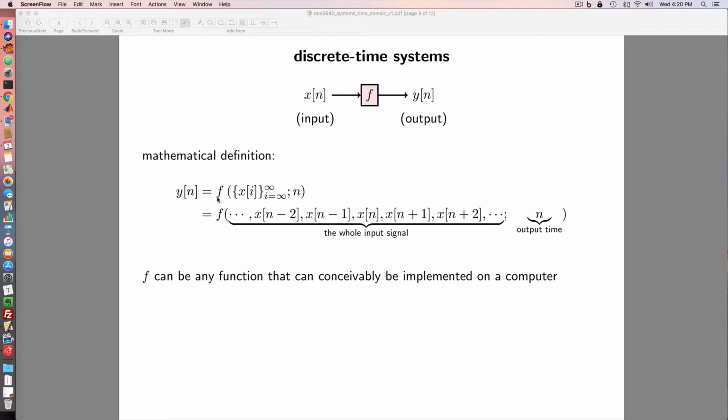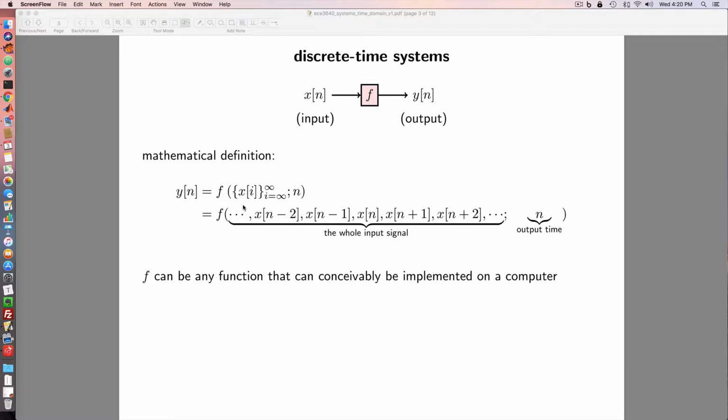So this function, which could be a time varying function even, works like this: when you decide what time you want to calculate the output, you then look across all the samples of the input to the extent that you wish, and extract and perform calculations on those samples of the input signal to calculate the output. We'll look at some examples in a minute.